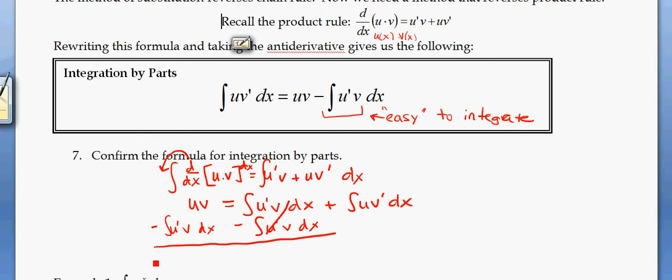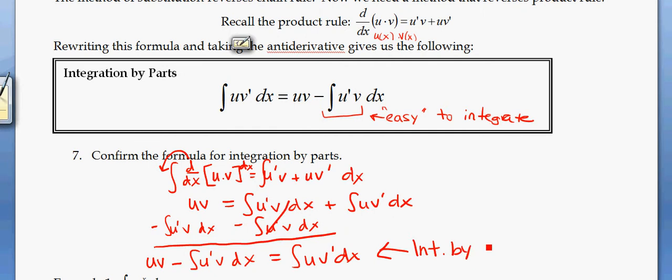When I subtract, I'm left with uv minus the integral of u prime v. That's the left side of my integration by parts, equal to the integral of uv prime. So that's the right side. Obviously my two sides of the equation are switched, but that's my integration by parts, and we're done. So this is called the integration by parts formula.